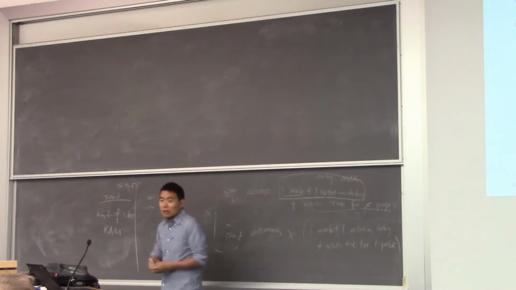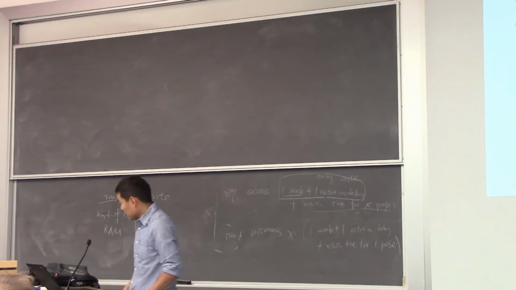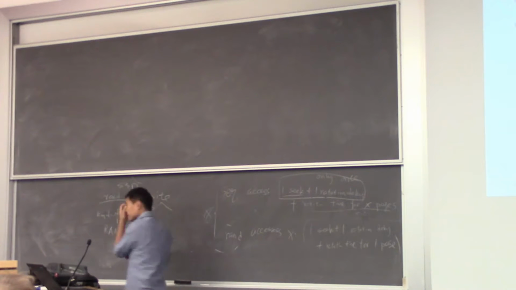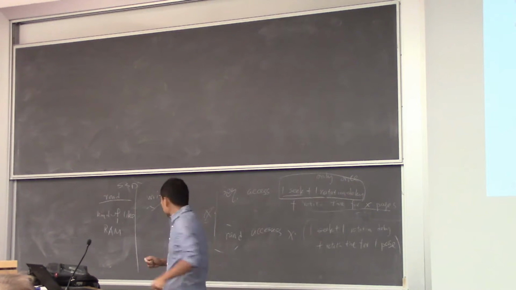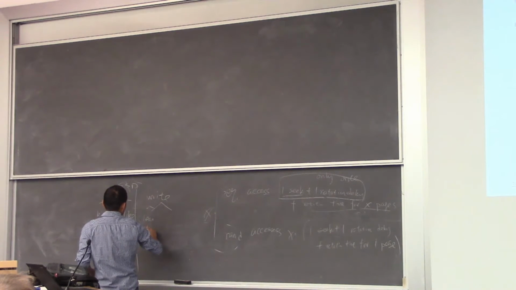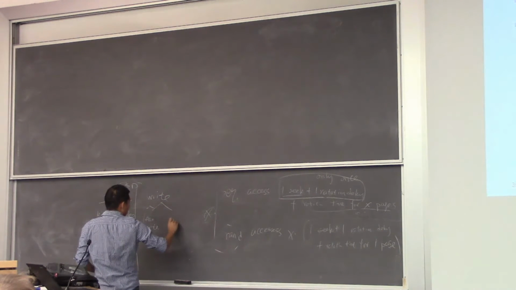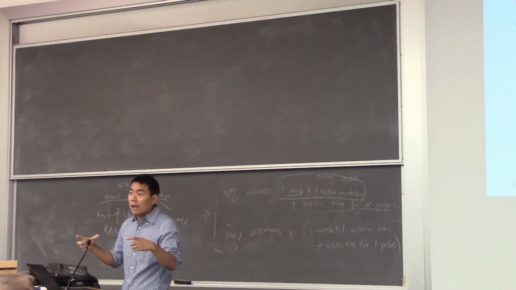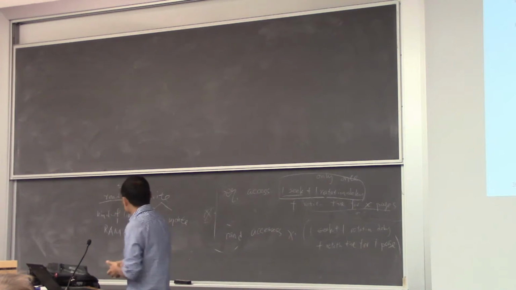For write, this is interesting. Okay, write, you have to distinguish two types of writes. I don't know what's the right word to use, but let's say clean write and update. So clean write means that you're writing data the first time to a particular block.